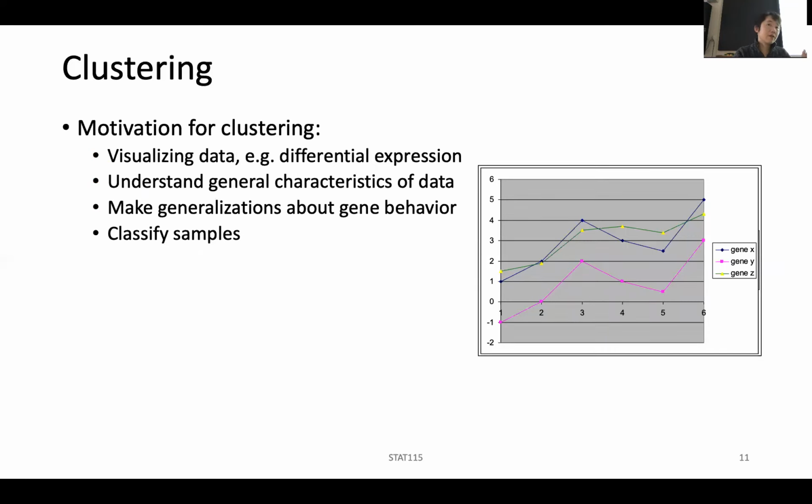For example, if gene A has a TPM value of 5.8 and gene B has a TPM value of 5.5, we don't necessarily know that 5.8 is higher than 5.5 because it depends on the GC content and gene lengths, even though we try to normalize. If you have a TPM value of 10 versus 5 on two genes, clearly they are different. But if it's 5.7 on one gene and 5.8 on another, you sometimes are not so sure. So very often we want to learn about the general behavior of the gene rather than the absolute expression level.